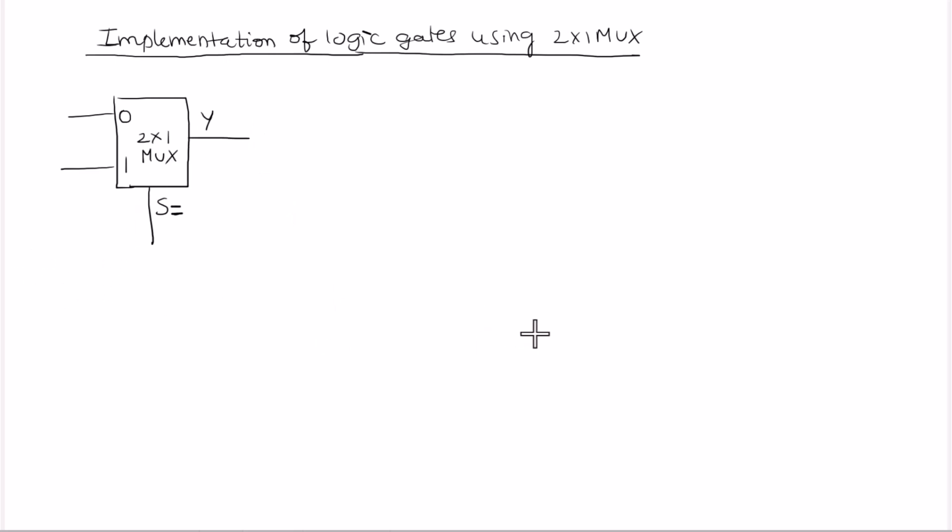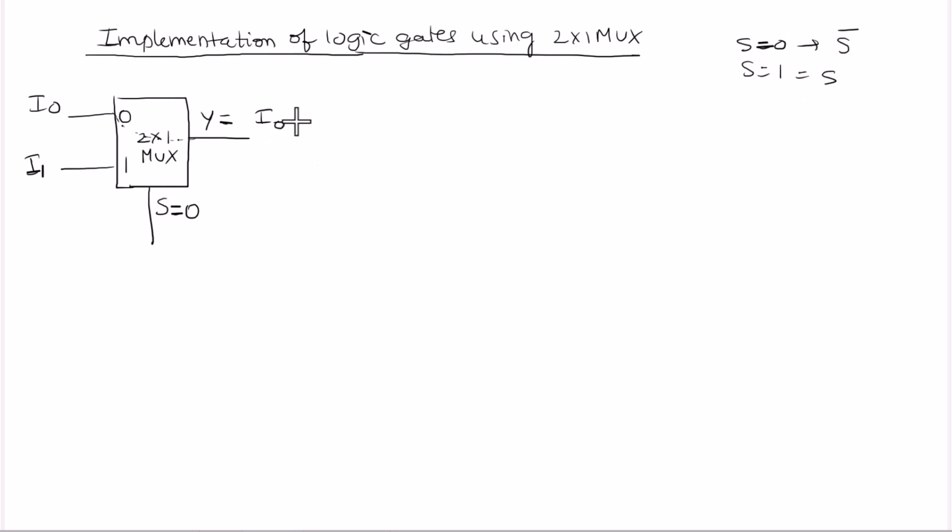What is the logic expression of this 2 to 1 MUX? Let us consider this is I0, I am naming it I0, and this is I1. Here Y is equal to, if S is equal to 0, this will be routed to the output. So I0 into S bar: in SOP form, if S is equal to 0 you have to write S bar, and if S is equal to 1 you have to write S. Whatever the variable, for 0 you put a bar, and for 1, no bar.